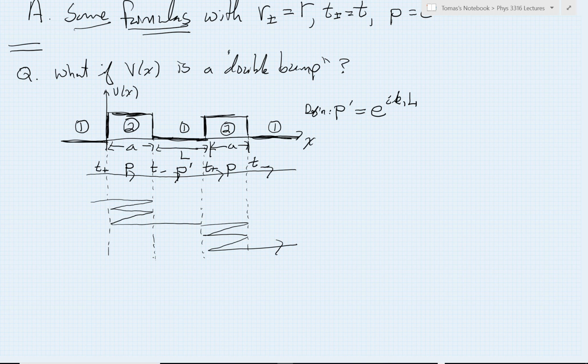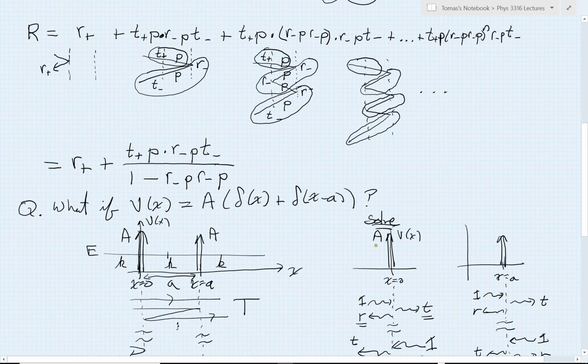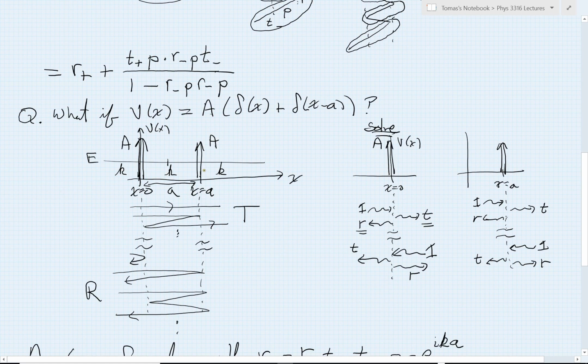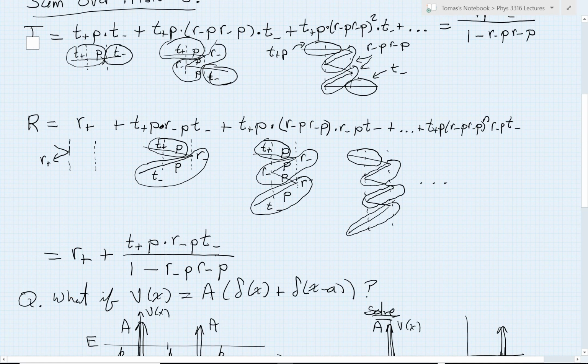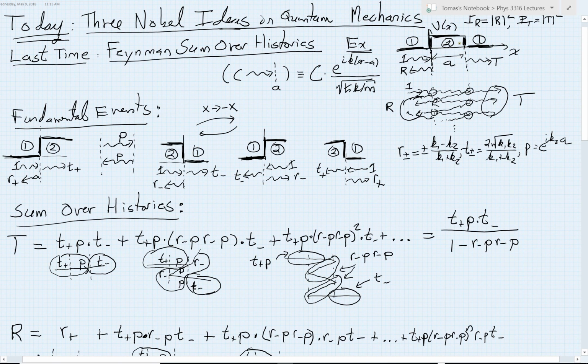So here's the basic idea. One thing we could do, for example, is to realize I'm pretty much just scattering between these two step potentials as a unit. It's still basically, like with the delta function case, a scattering back and forth between two objects, except now the scattering amplitudes that I have are not just some primitive amplitude, but they are literally just the capital T and the capital R, which we've already calculated for the single bump.